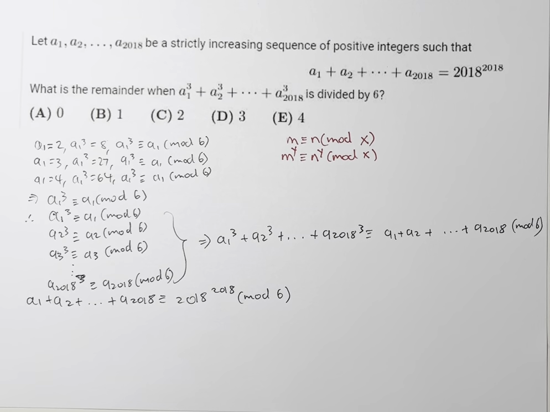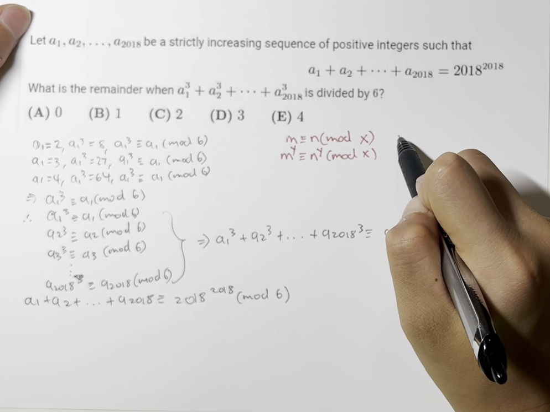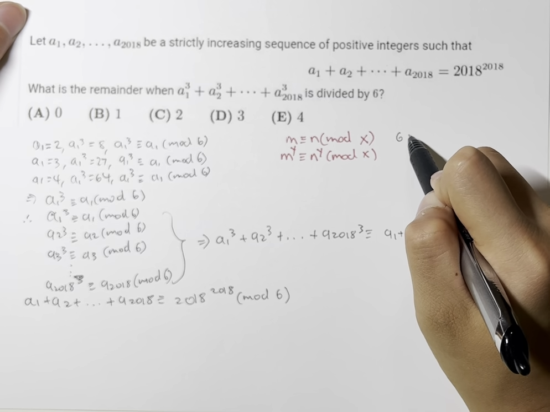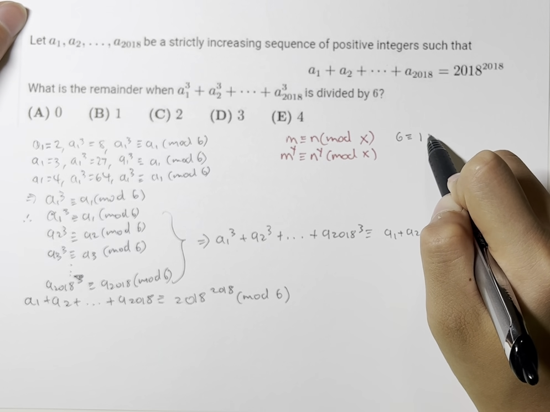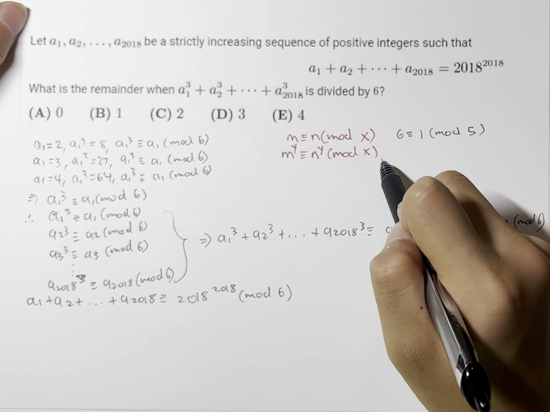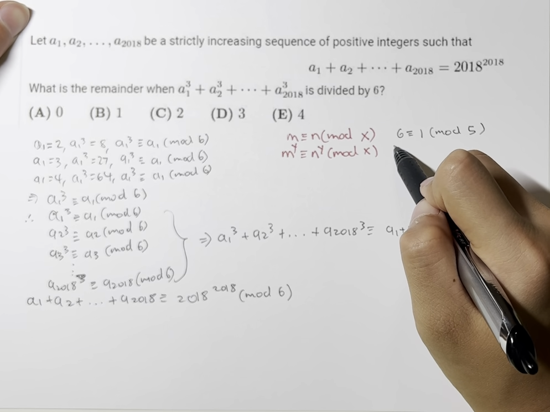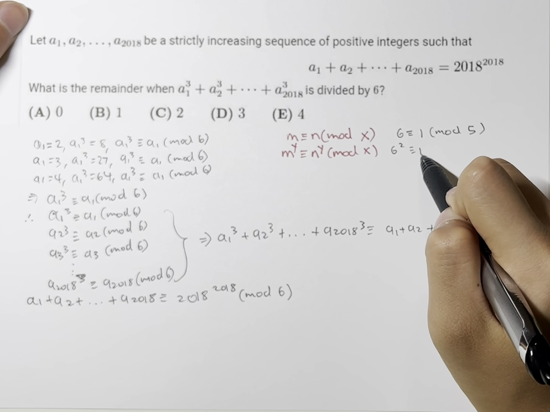You can try some examples here. For example, if you have 6 congruent to 1 mod 5, then let Y equal 2 to keep the number small. So 6 squared will be congruent to 1 squared mod 5.